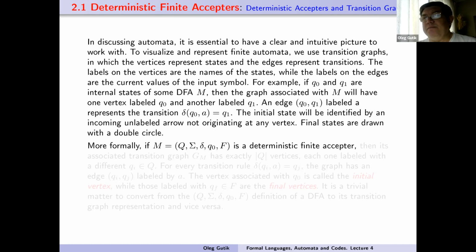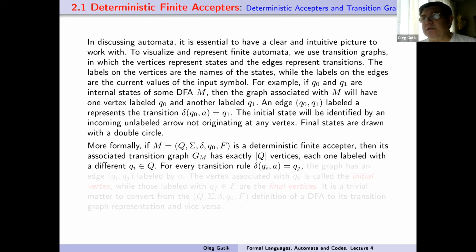More formally, if M = (Q, Σ, δ, q0, F) is a deterministic finite acceptor, then its associated transition graph G_M has exactly |Q| vertices, each one labeled with a different qi from Q. For every transition rule δ(qi, a) = qj, the graph has an edge (qi, qj) labeled by the symbol a.